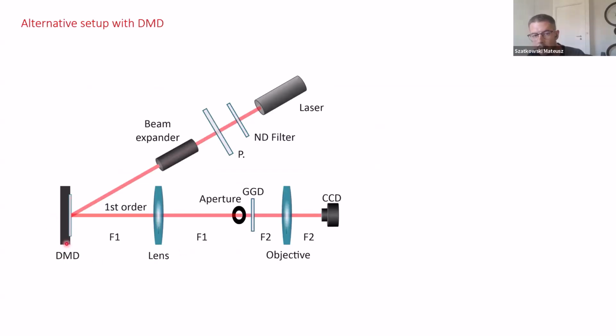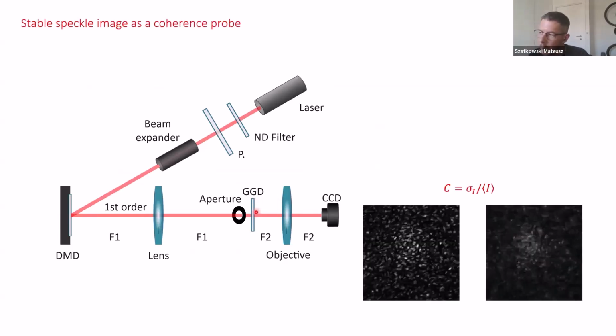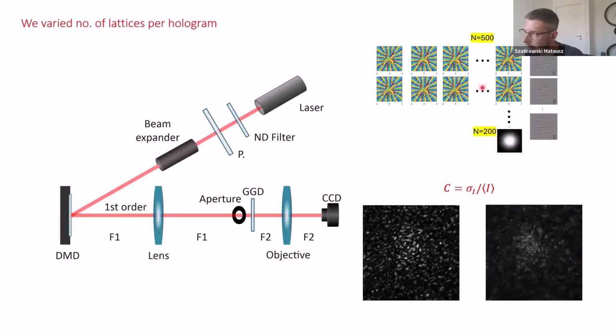Now we use a digital micromirror device, which is also shaping the complex amplitude, but using binary amplitude modulation. And we put the ground glass diffuser here. However, it's not rotating. It's just to generate speckles, because we want to measure the contrast of the speckle and see how this contrast is affected by our parameters.